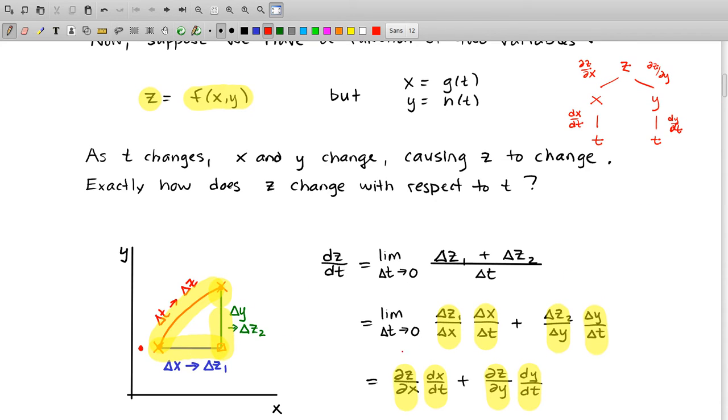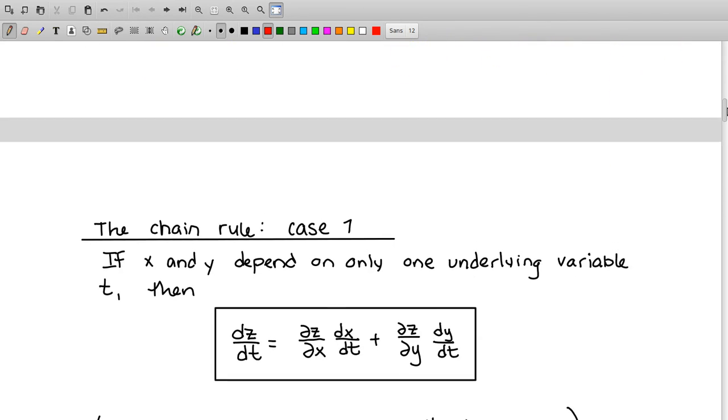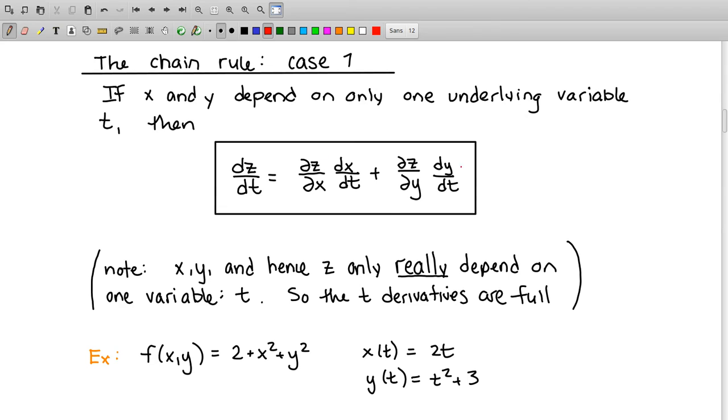And in this situation, 2 intermediate variables, 1 underlying variable, you get this formula, which corresponds to this tree graph. So this is what we just said, simply restating this result. If we have two variables, x and y, each of which depend on an underlying variable t, then this is the form of the chain rule in those 2 dimensions.